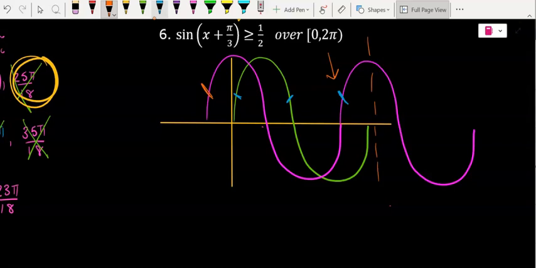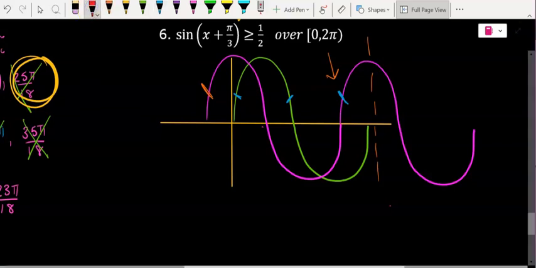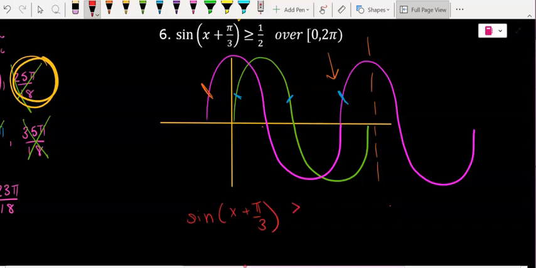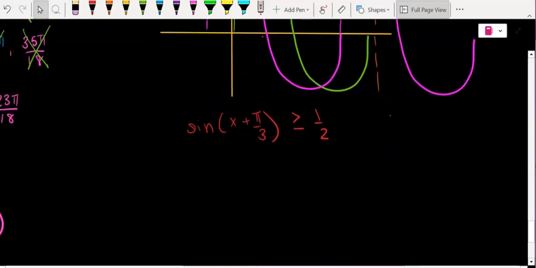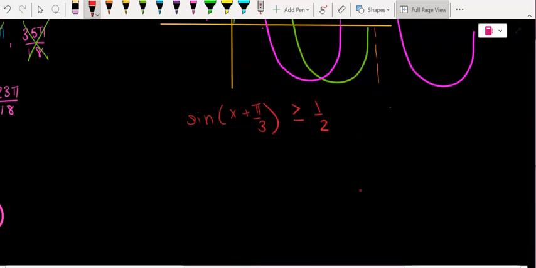So in this particular case, when I go ahead and solve my equation here, I've got sine of x plus pi over 3 is greater than or equal to 1/2. Okay, so I'm going to have to inverse right away because it's already isolated.